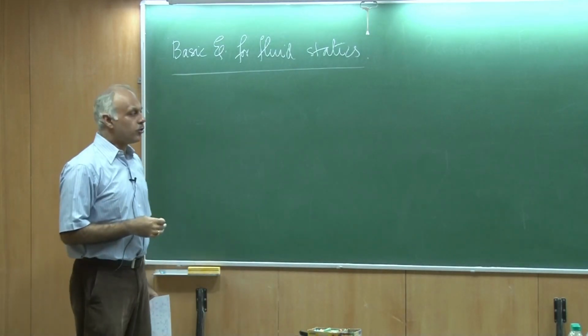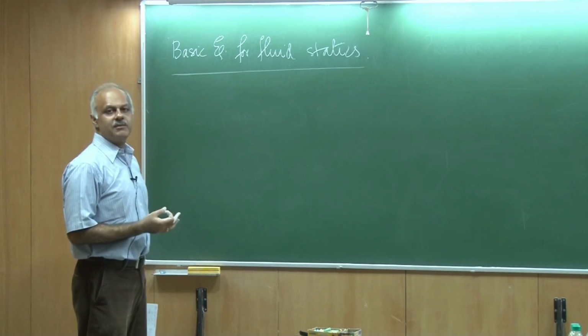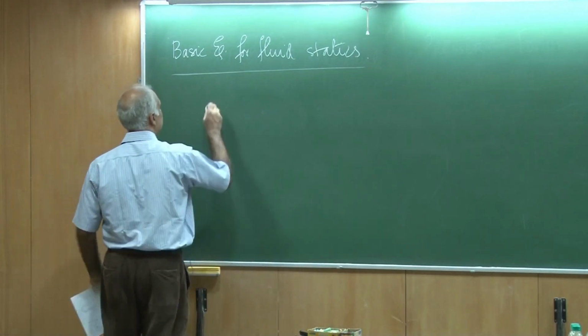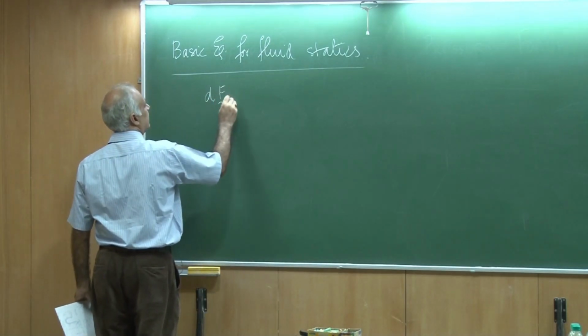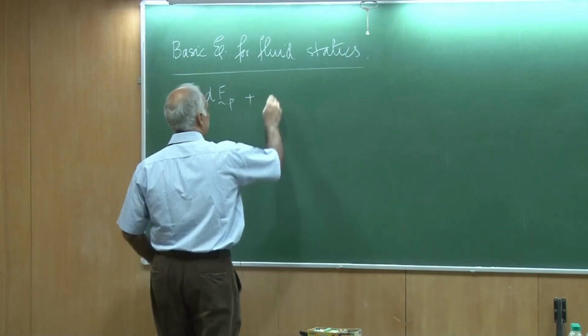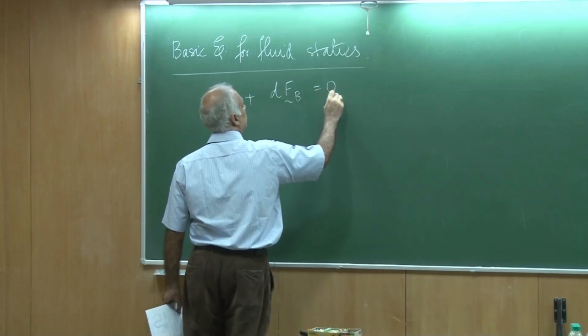There is a force because of the variation of fluid pressure, and that force clearly must be balanced by gravity. So, therefore, I could write the equation as dFp plus dFb equal to 0.